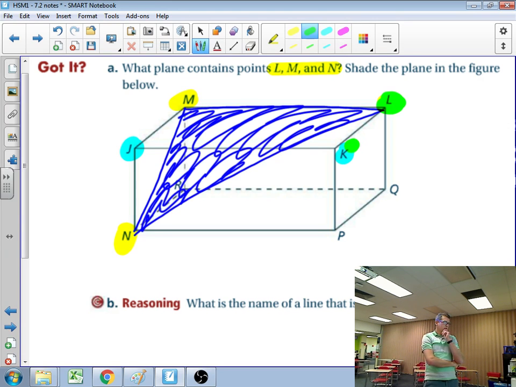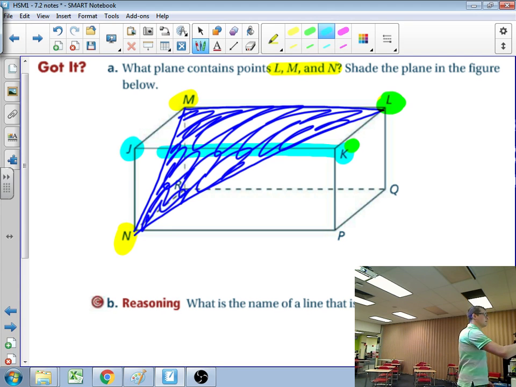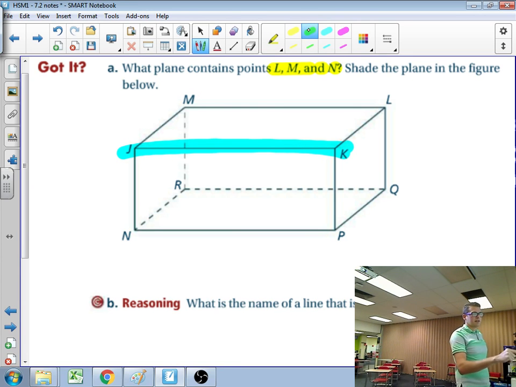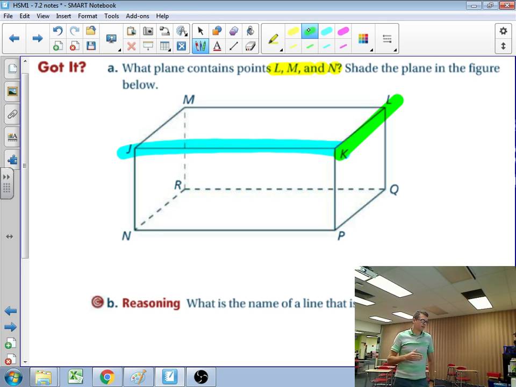So line JK is right here. I'm actually going to clear all this previous color. Sorry about that. So line JK right here, and line KL right here. So what is the name of a line that is coplanar with JK and KL? Oh, coplanar. This is why I wasn't understanding this.